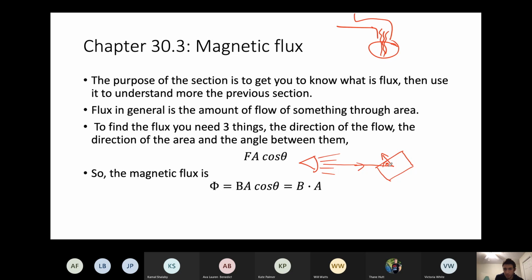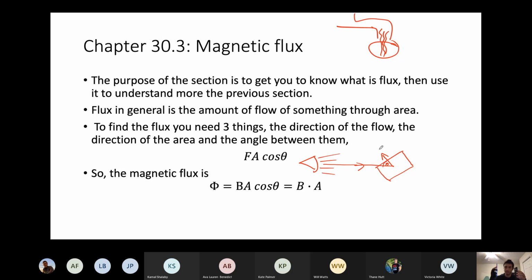This angle theta is really important. Let's say this is your source of light, and I use this as my screen. The light is going in a straight line, like a ray of light.